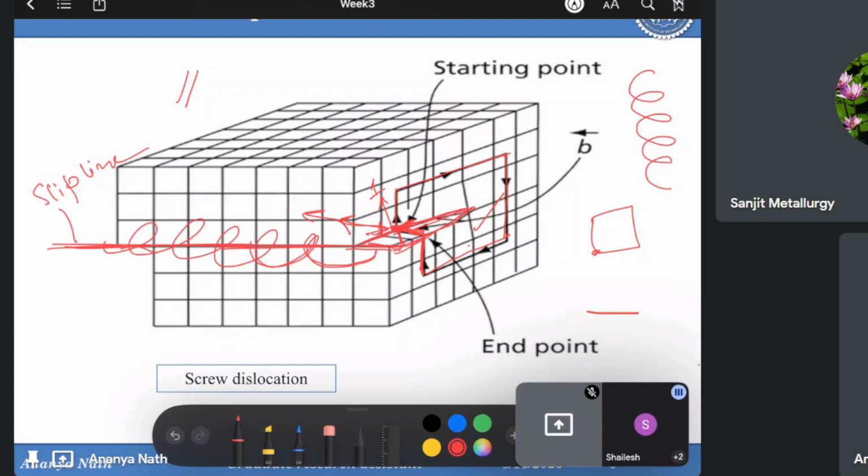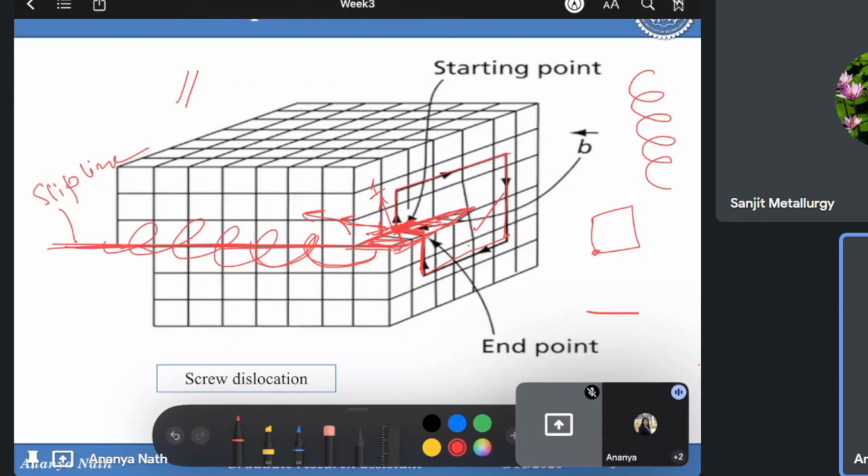Actually, why I was confused, like if we rotate any nut over a bolt, it is just like a nut-bolt assembly, and if we rotate the nut over the bolt, the nut will always move in the axial direction, meaning the axis of the bolt. So I think it is the same as the nut-bolt assembly. Yes, exactly. Okay, so there is an extra half plane, you can say.